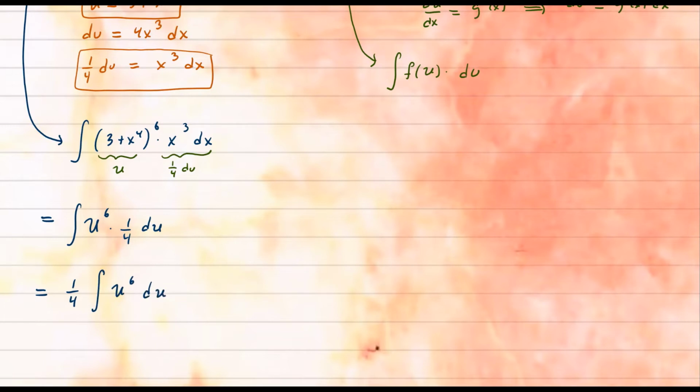Now here, you should recall the power rule of integration. The power rule of integration says that if you have an integral of the form x to some power n dx, it's x to the n plus 1 over n plus 1, of course, plus c, assuming n is not -1.